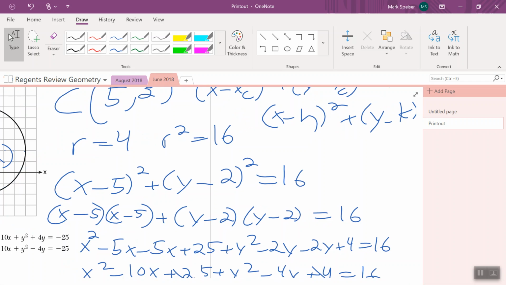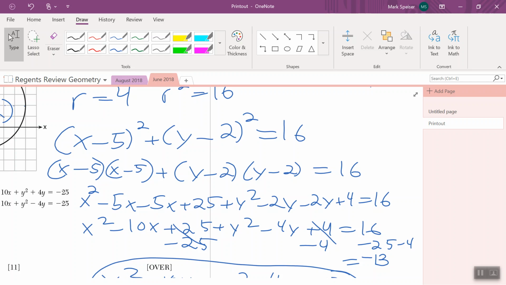Expand it out, x minus 5 times x minus 5 plus y minus 2 times y minus 2 equals 16. Multiply that out, that's x squared minus 5x minus 5x plus 25, y squared minus 2y minus 2y plus 4 equals 16. Combine like terms, x squared minus 10x plus 25 plus y squared minus 4y plus 4 equals 16.